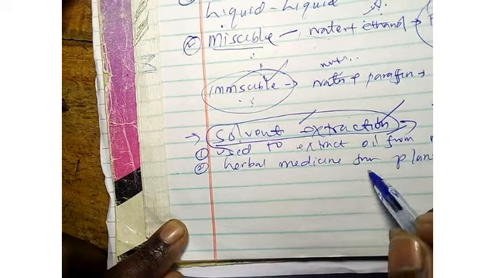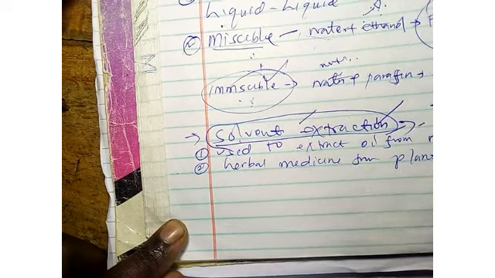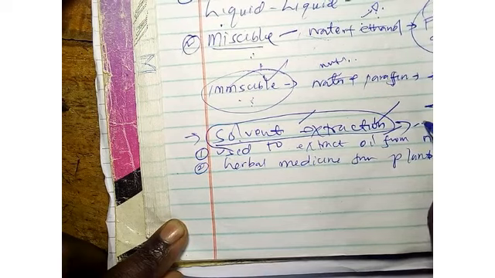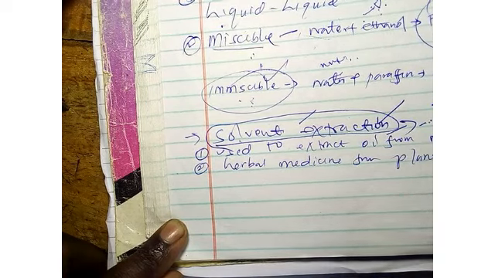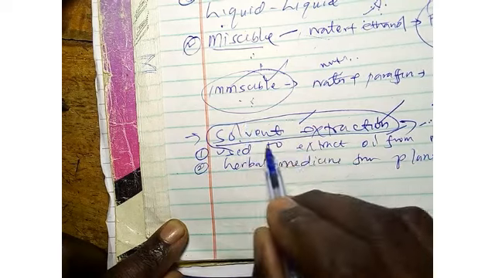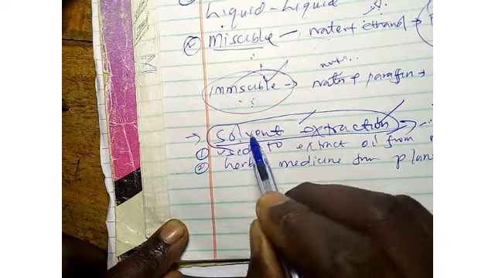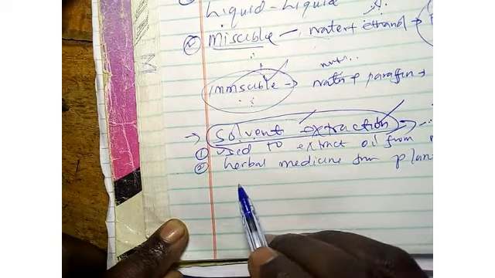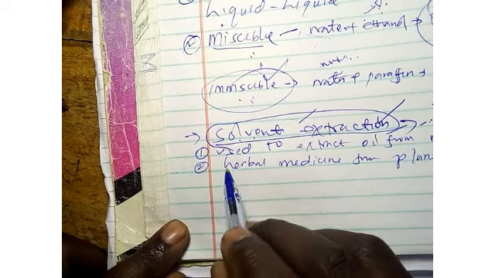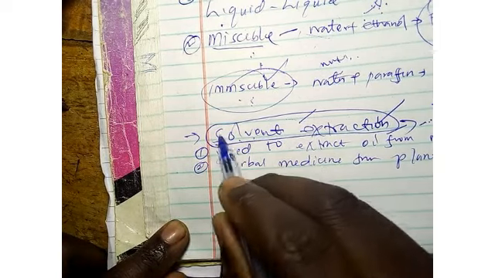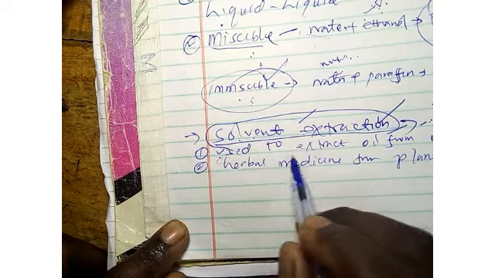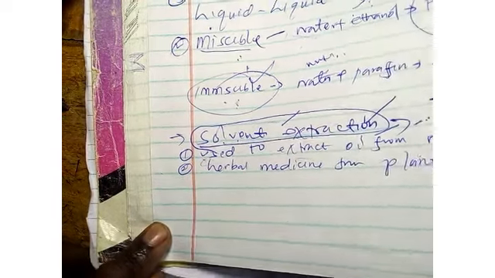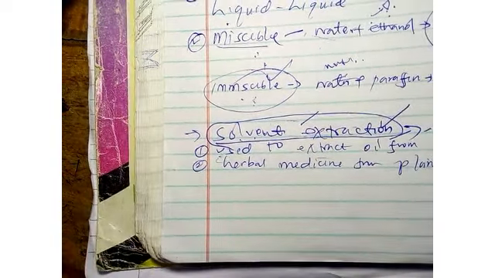Here, you need to know the solvents that are used. We have propanol, we have ethanol as the solvents that are used there, and you should know the procedure. You need to crush first, and then you follow the procedure. Next, you should know the applications of solvent extraction. Let me take you straight now to the question.